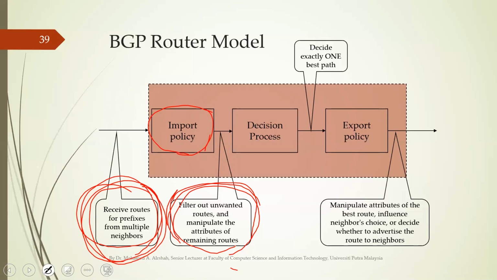So after we filter the unwanted routes, the remaining routes will be manipulated based on their attributes to make the decision.